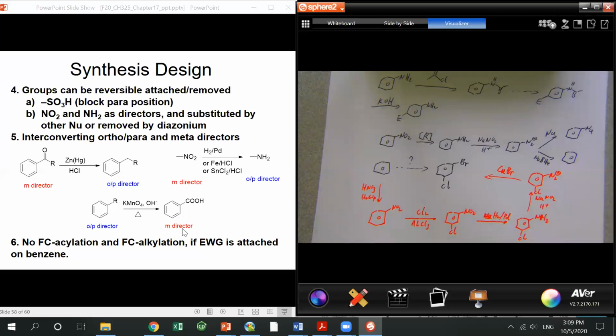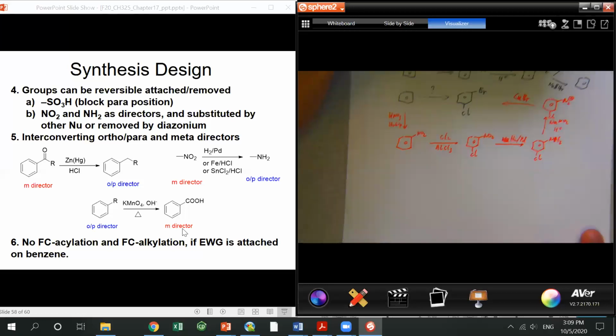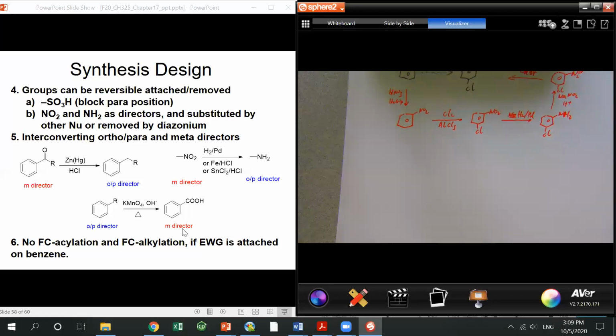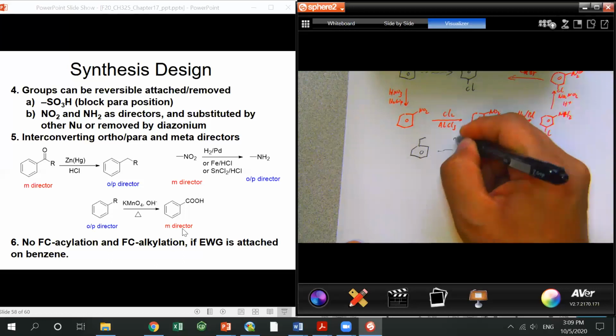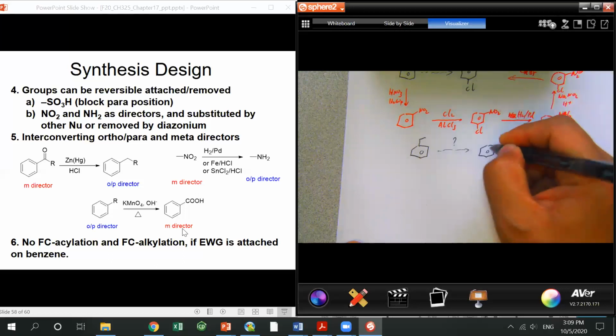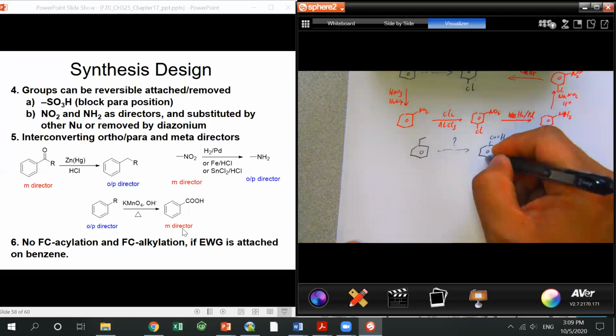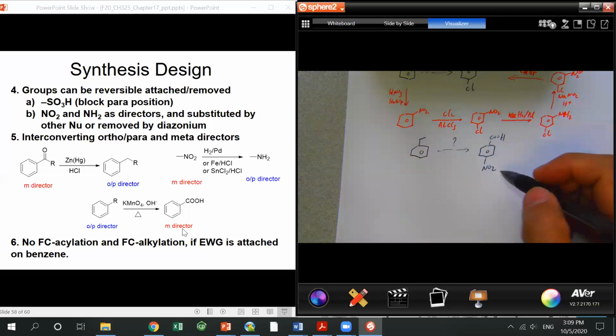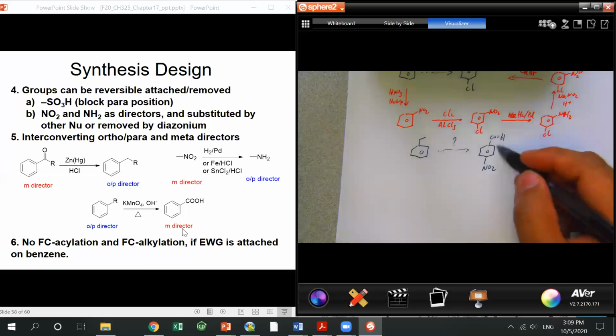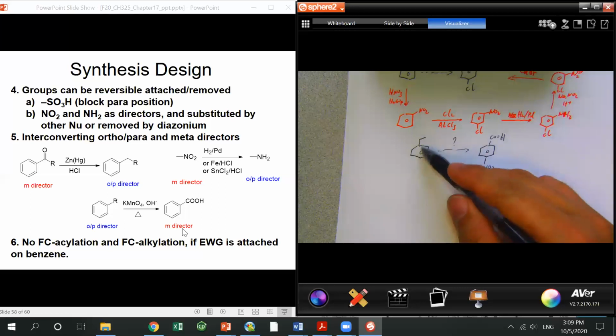Right, so let me give you guys maybe one example, okay. For example, we ask you to synthesize this p-nitrobenzoic acid from maybe any alkylbenzene, okay.